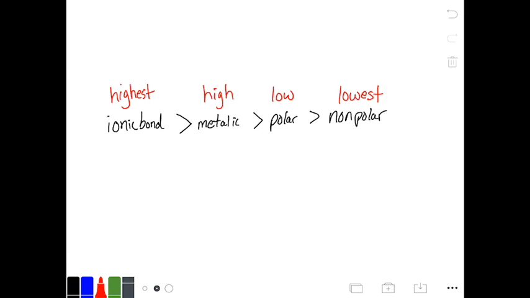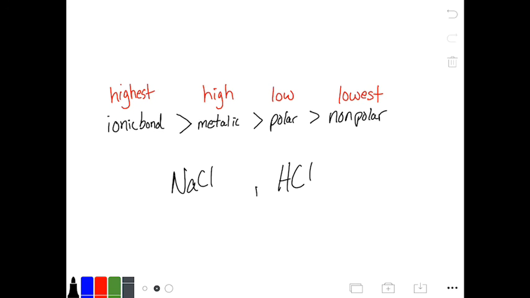I'll do a very simple one. If you look at 2B, you're comparing the compound NaCl with the molecule HCl. And the question is, determine which substance of the pair should have the higher boiling point.